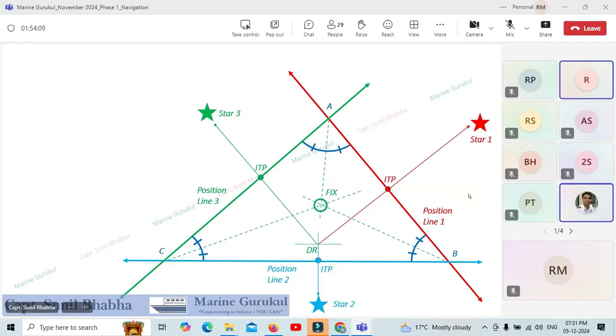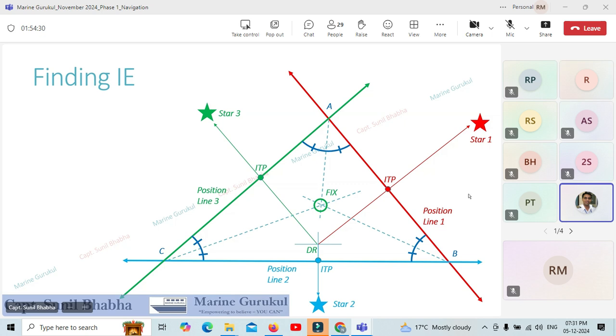Let's now move on to the second part of the question. Now, in some of these questions, they may ask you to find the index error of the sextant. Now, we know that this cocked hat is formed because of an error in the observation. We have a similar error in all the three observations.